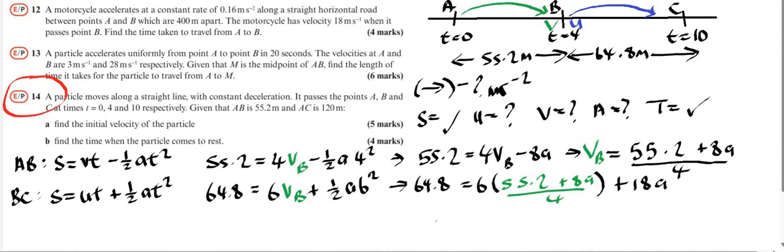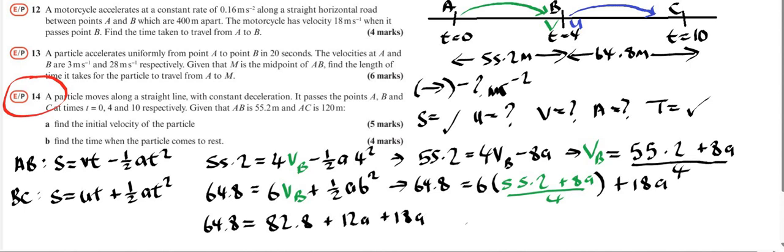Let's expand that out. 6 divided by 4 is 3 over 2, which is 1.5. 1.5 times the things inside the brackets gives me 82.8 plus 12a, and then I've got the 18a on the end.